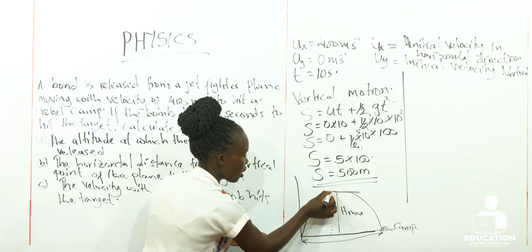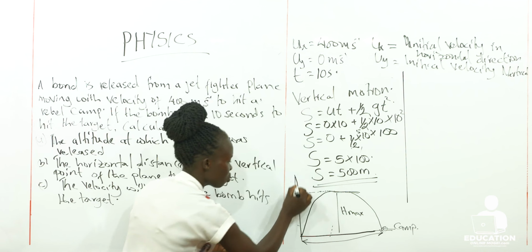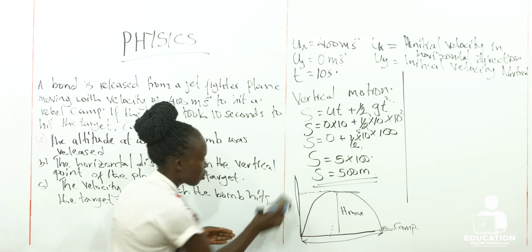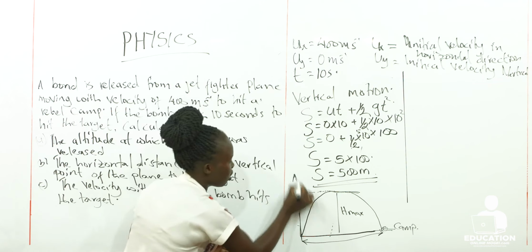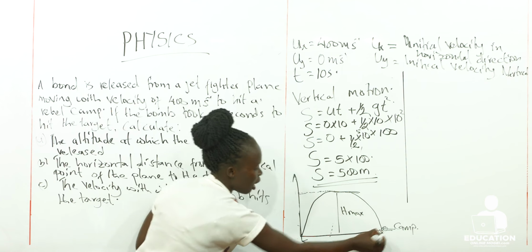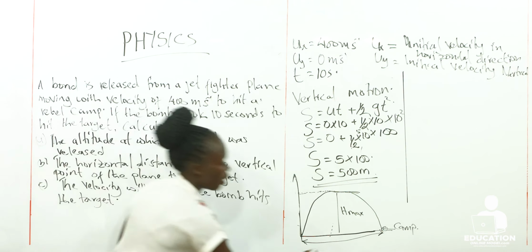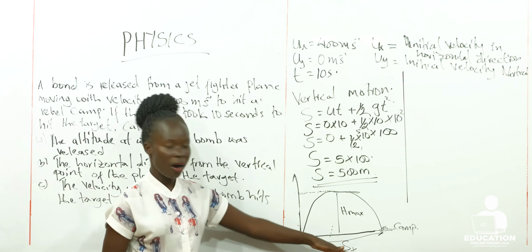I'm just trying to connect it to the axis so that it can be easily noted. So this is from this point of the vertical height up to the camp here. That is the distance we want to find, which is X. So this is the horizontal distance.